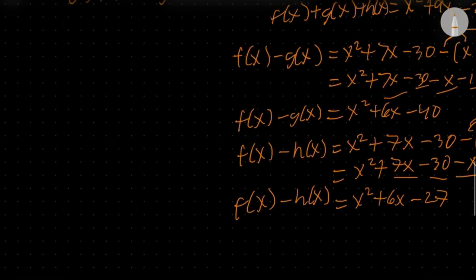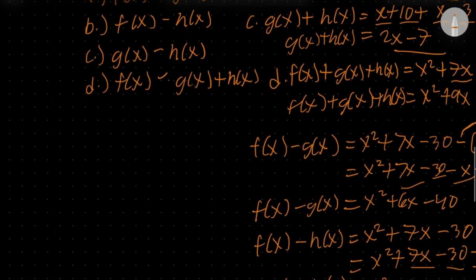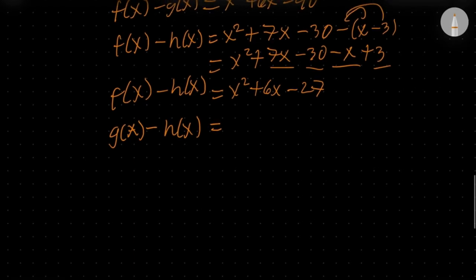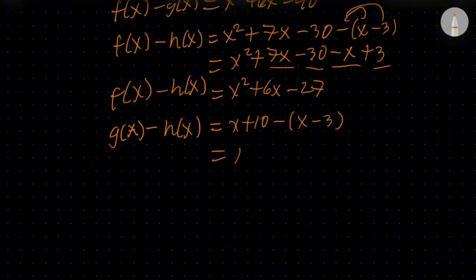And let us proceed to letter C, g of x minus h of x. G of x is x plus 10 minus x minus 3. Now we're just gonna do the same.